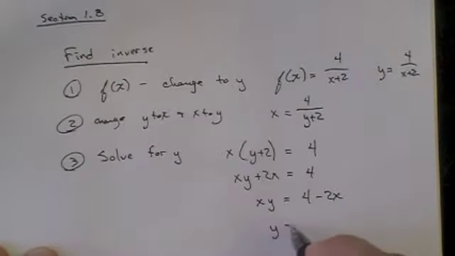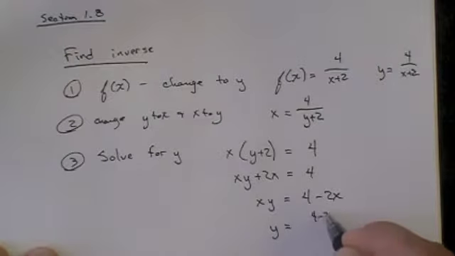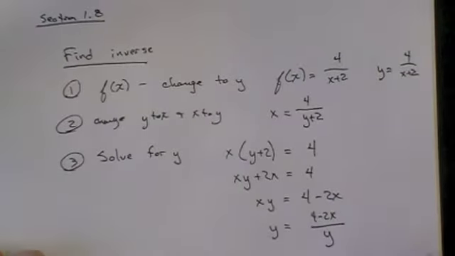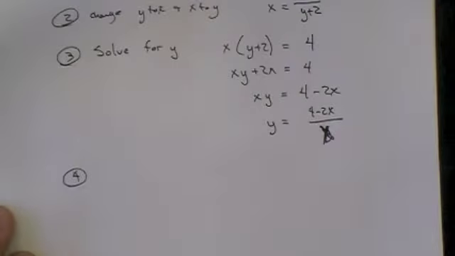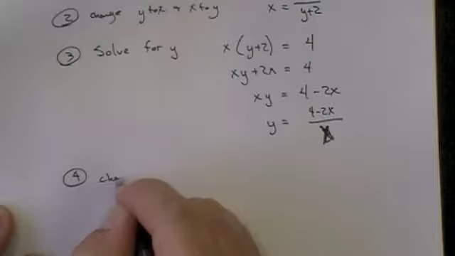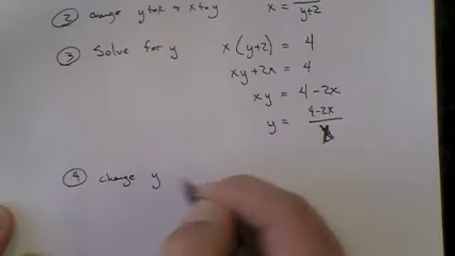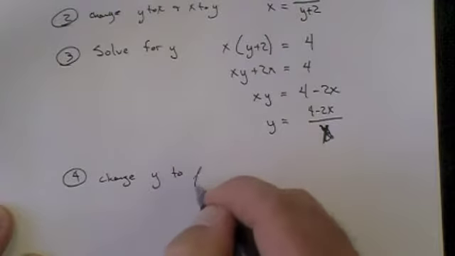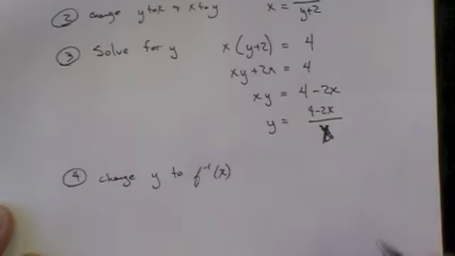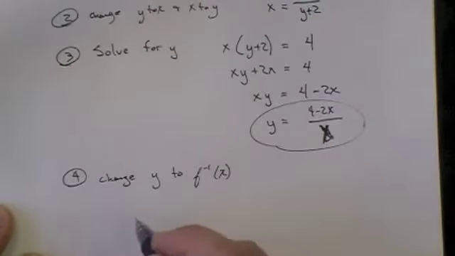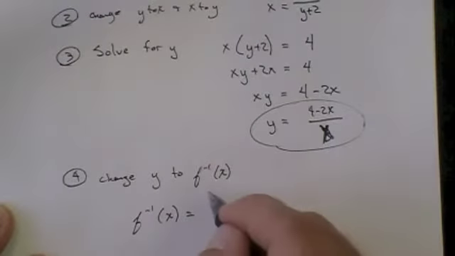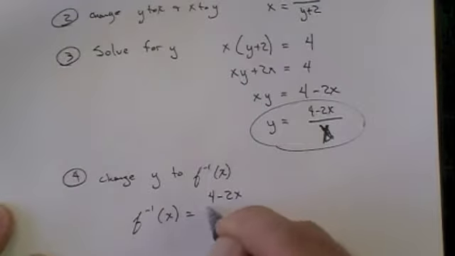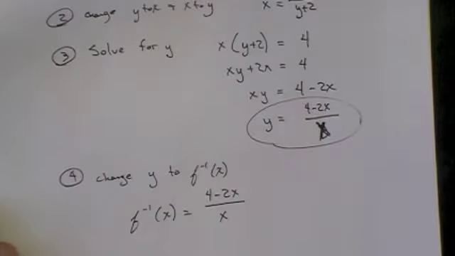Divide by x, so y equals (4 minus 2x) all over x. Next step, we change the y to our inverse notation, f inverse of x. So now we say that the inverse is equal to (4 minus 2x) all over x.